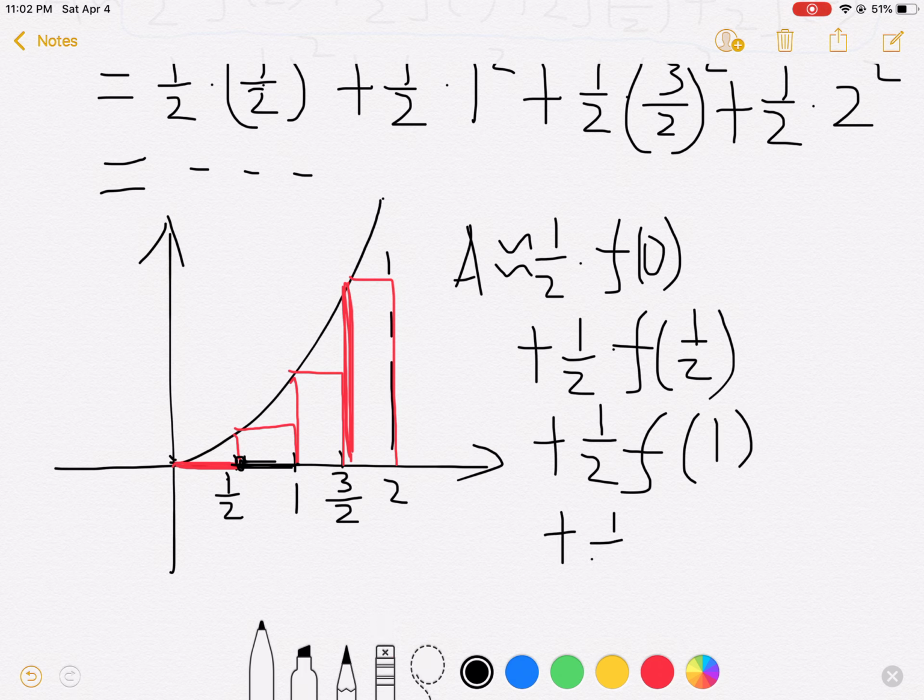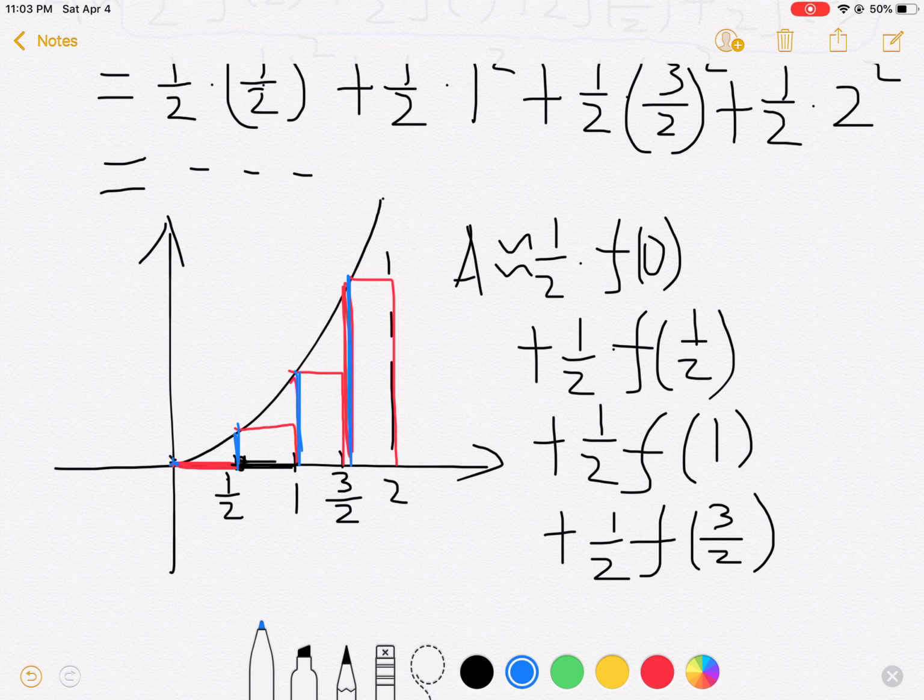And plus the last rectangle, which is 1/2 times f of 3/2. Right? So if you plug in the numbers, this will give you another approximation. And for this approximation, we use the left endpoint for each interval as its height, right?